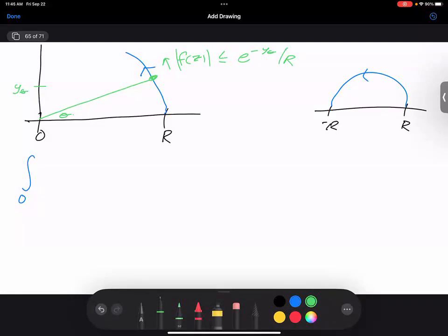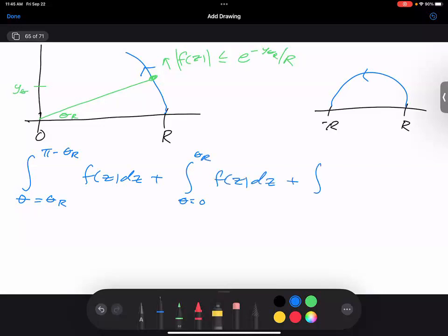The integral as theta goes from theta sub r to pi minus theta sub r of f of z dz, plus the integral as theta goes from 0 to theta sub r of f of z dz, plus the integral as theta goes from pi minus theta sub r to pi of f of z dz. That's going to be our integral over the semicircle, these three pieces.